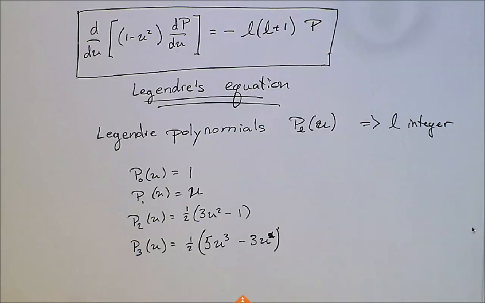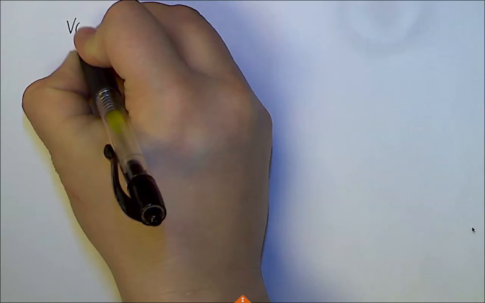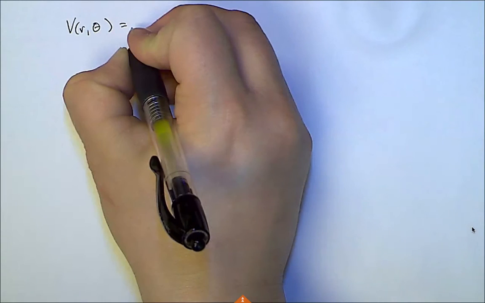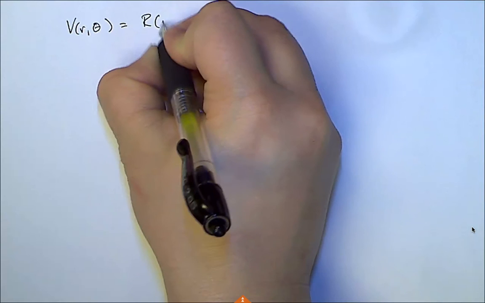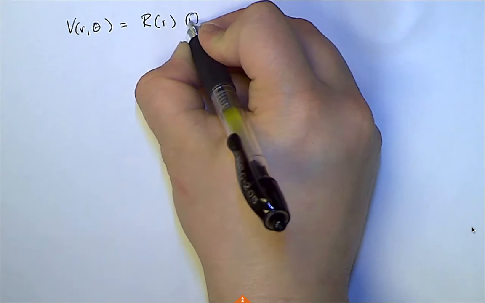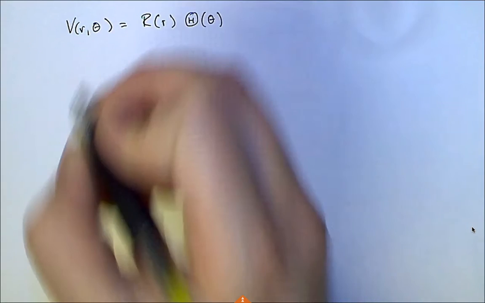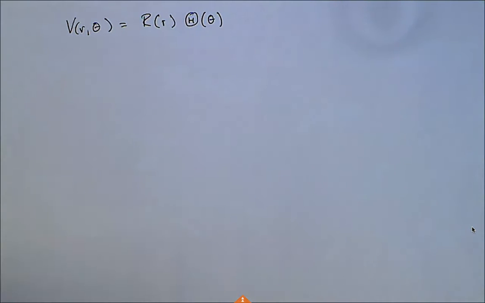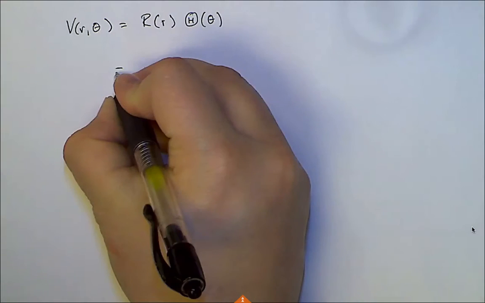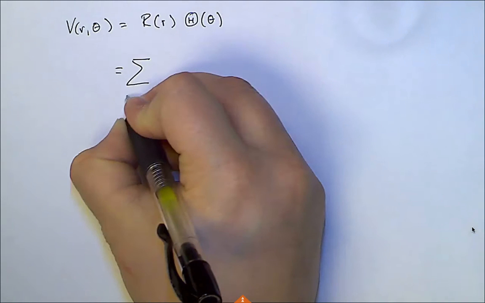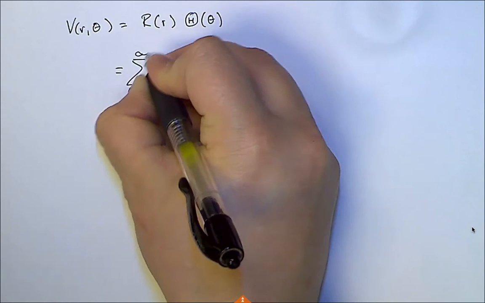depends on both r and theta. So we can write V of r, theta. Remember that this was big R, a function of little r, times big theta, a function of little theta. So let's plug in what we've learned. We are going to create a sum over all possible values of L, so L could be 0 to infinity.